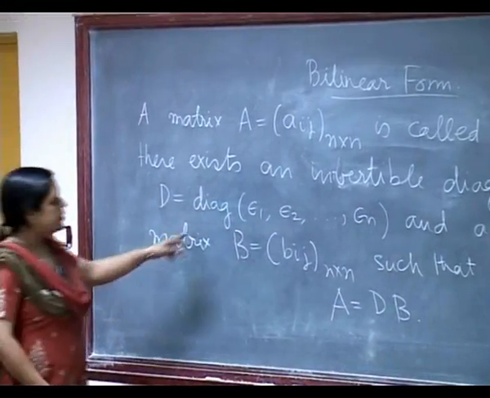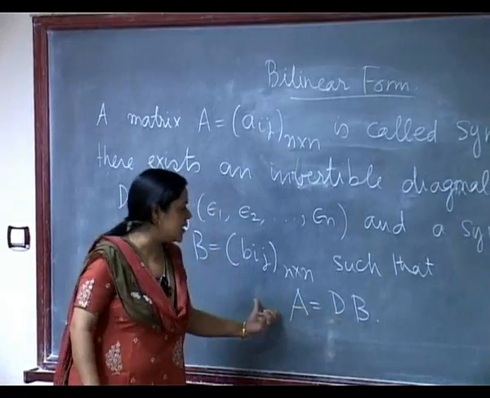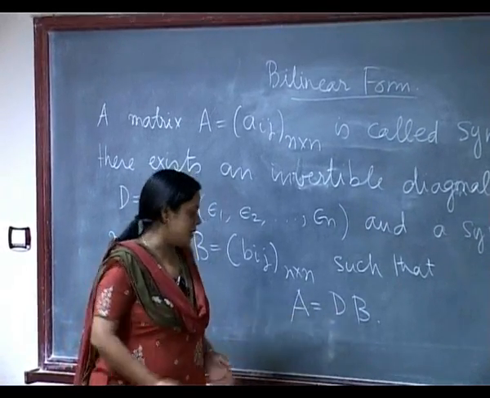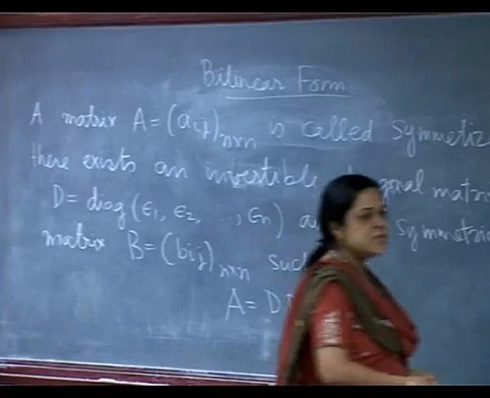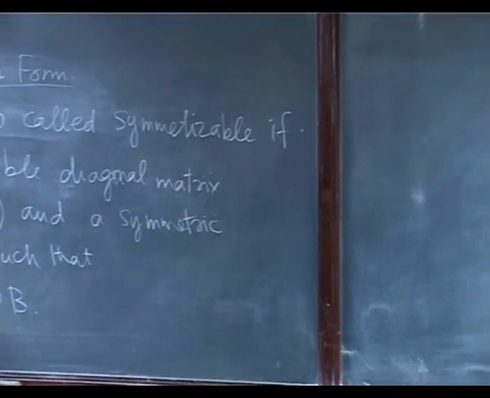Okay. So, we have an invertible diagonal matrix and this is a symmetric matrix and A can be written like this, then we call A a symmetrizable matrix, and this is a decomposition of symmetrizable matrix A. Alright.